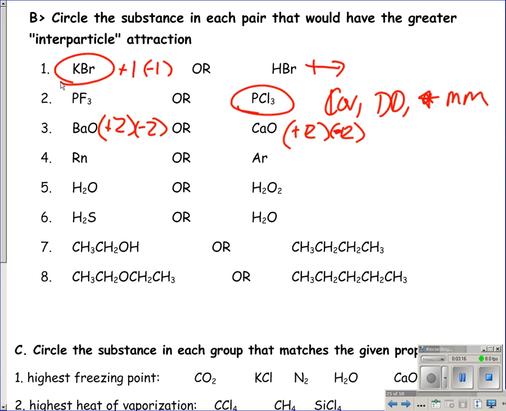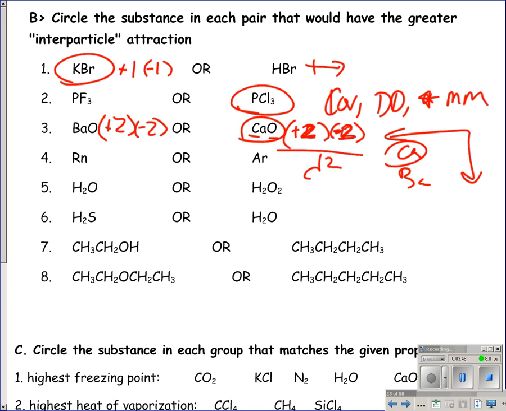Who's going to create a stronger attraction, smaller things or bigger things? Smaller. Who's smaller? Ca. Ca is up here, Ba is down here. Ca is smaller. It gets closer to its partnering anion. Since they have the same anion, you look at the size of the cation. So the cation that's smaller is in CaO, so the distance is smaller in accordance with Coulomb's law. So smaller distance means a greater force.